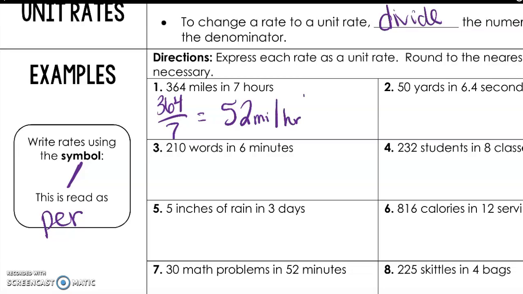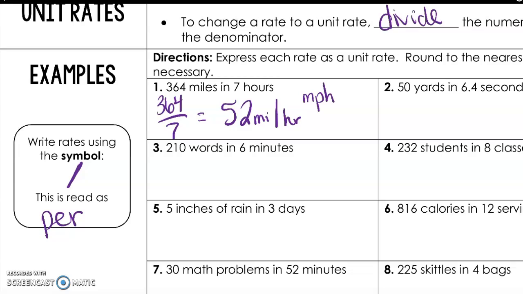And if you want to use mph, usually in your car you see mph, that's totally fine. Or you can do miles/hour. That's all it is. So if you drove 364 miles in 7 hours, your average was 52 miles each hour, 52 miles per hour. That obviously doesn't take into consideration any stops or anything like that. It's just an average.